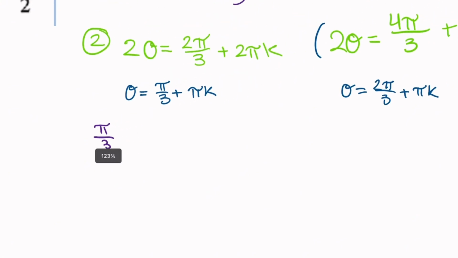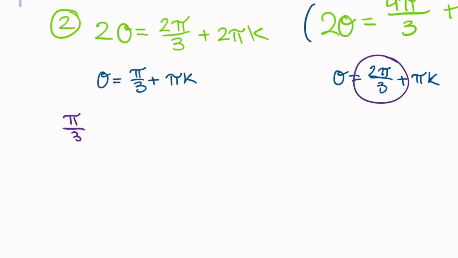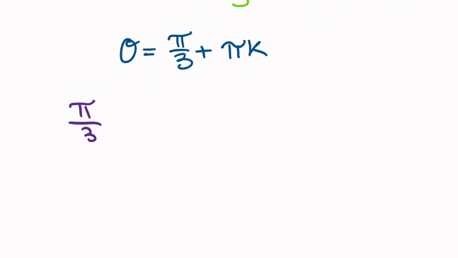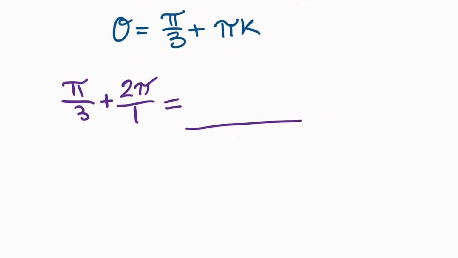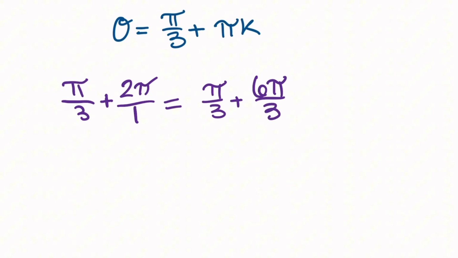And again, you would do the same thing for this solution. But you would do pi over 3 plus, and then you're just going to add 2 pi. And then you're going to solve that. So essentially, let's just multiply both sides to get a common denominator. So that becomes 7 pi over 3.